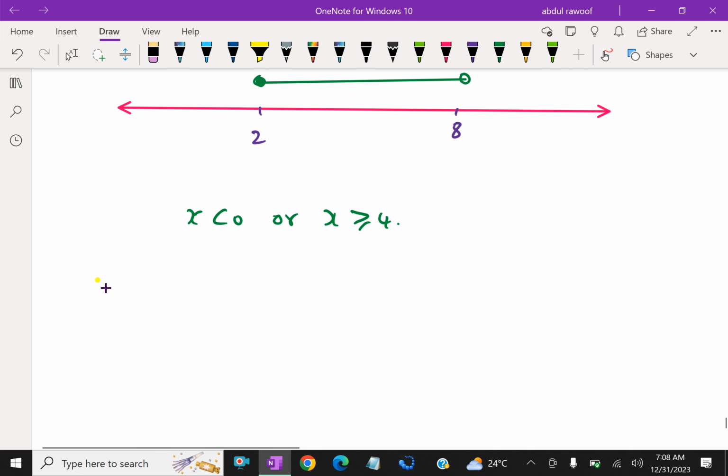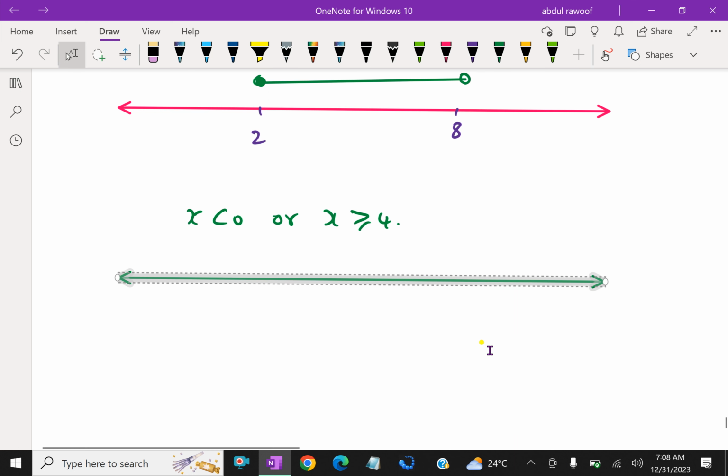Suppose I draw a line like this, then here it says x is less than 0. Suppose this is the point 0, and x is greater than or equal to 4. x less than 0 means the graph goes to the left side of it.